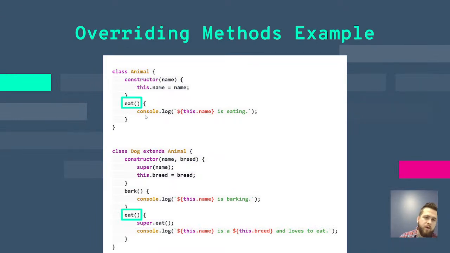We have an animal class, and then we have a dog class, which inherits the properties and methods of the animal class. And since it's inheriting it, we have the eat method, but we want to modify the eat method in this example. And so here, we just add the eat method again, and then we have some other fancy stuff going on by referencing the inherited eat method.